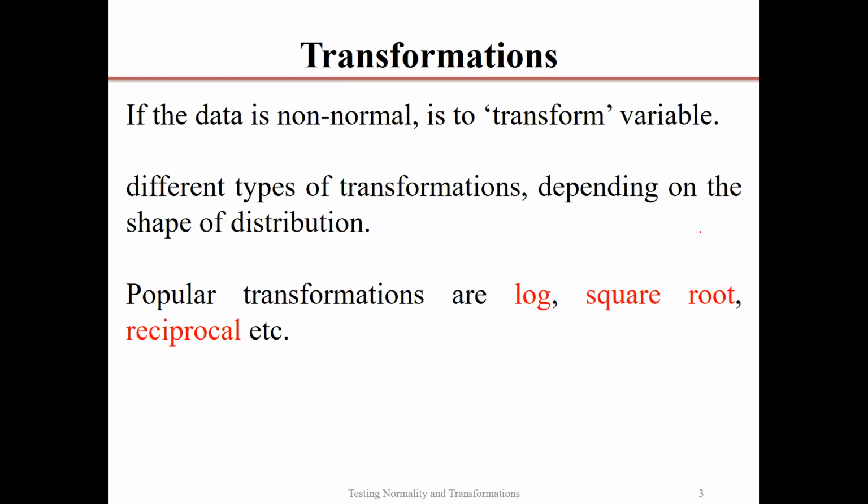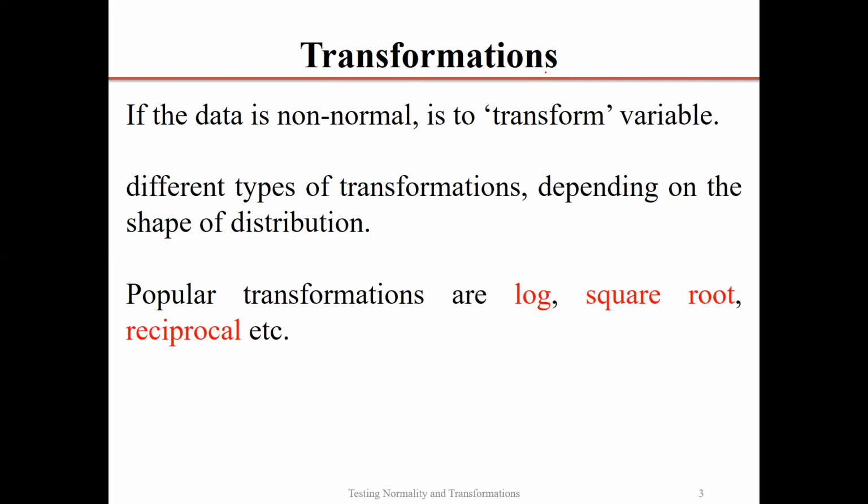If the data after applying the normality test does not fulfill the assumption of normality, we cannot use the parametric procedure of inferential statistics. So before applying any inferential procedures on the data, if the data doesn't fulfill the assumption of normality, then there is a procedure involved which is named transformation.